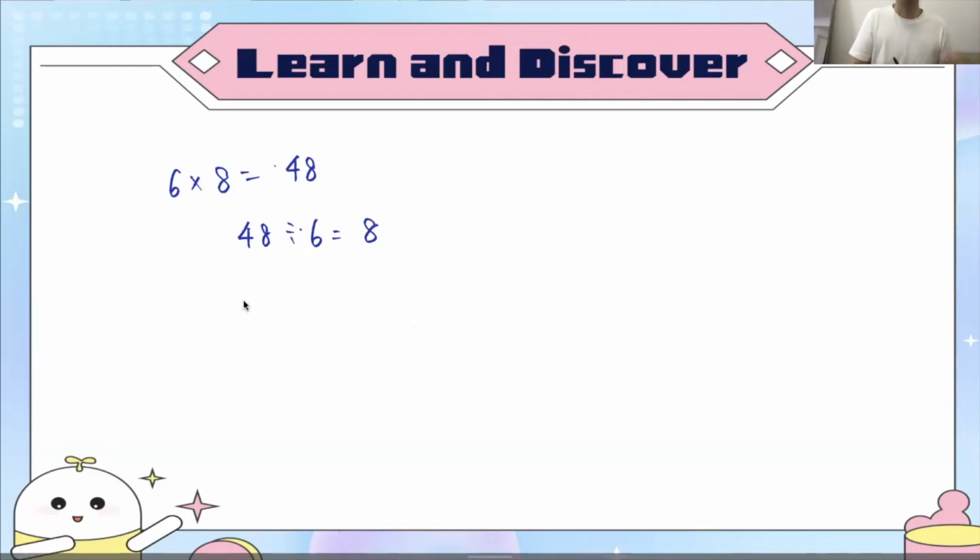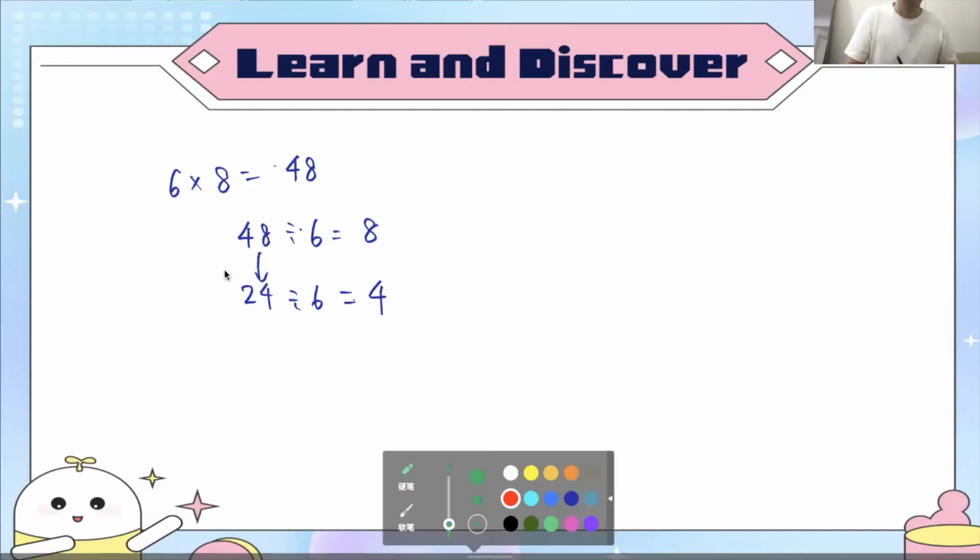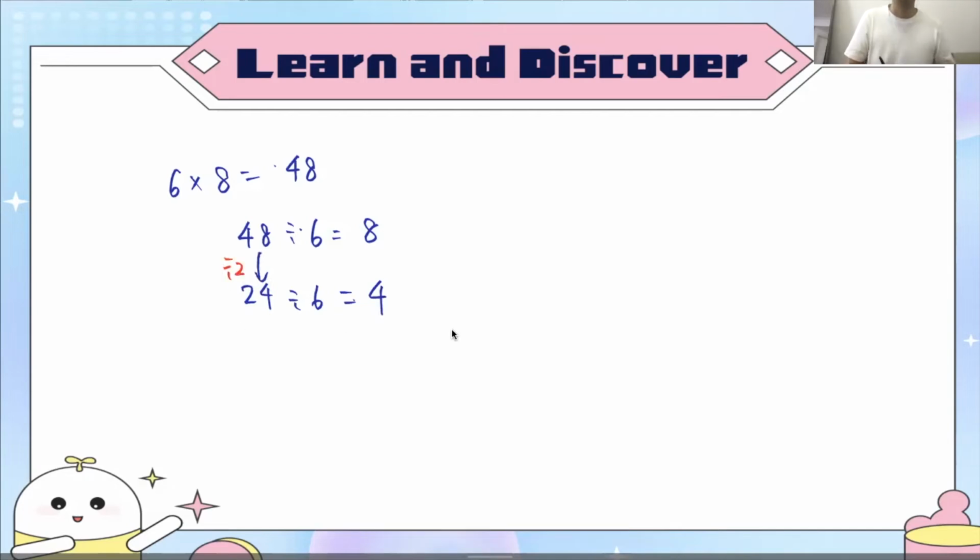Okay, so right now, I will change something. First step. If I do 24 divided by 6, what do we have? Easy. That is 4, right? Okay, so how do we change from 48 to 24? We just divide by 2.